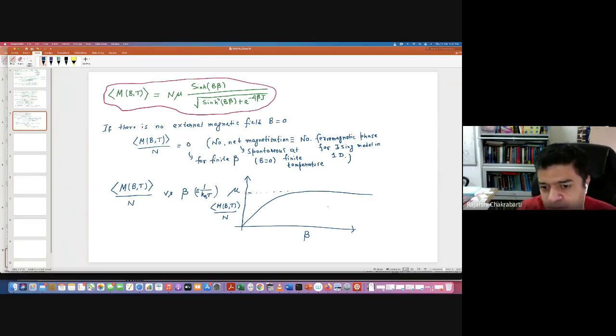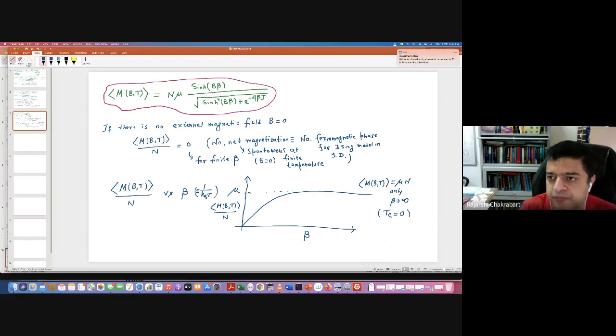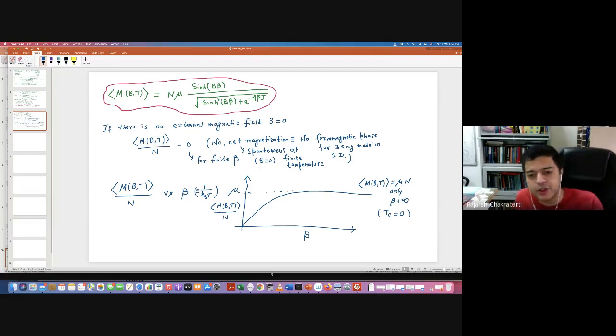But this is happening at what? Your average magnetization is N mu only when beta goes to infinity. So Tc is 0. Only if you go to absolute 0 will you have a phase transition to a ferromagnetic phase.